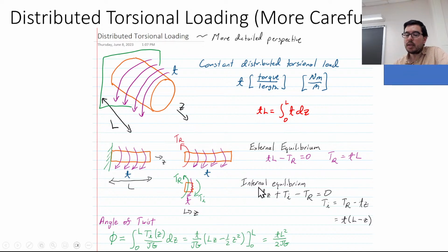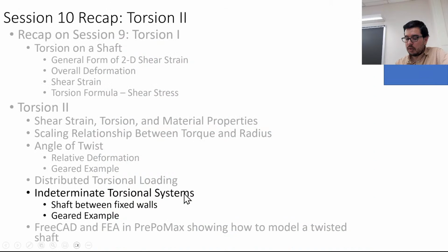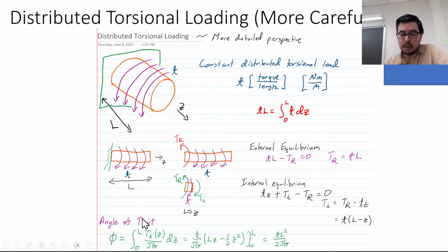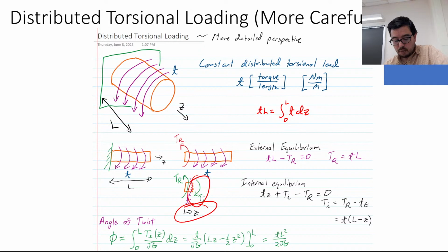But now, if I do the internal equilibrium, when I take a slice, let's say I take a slice right over here, I have the internal torque here, and I'm following the convention where z is positive, following the right-hand rule.